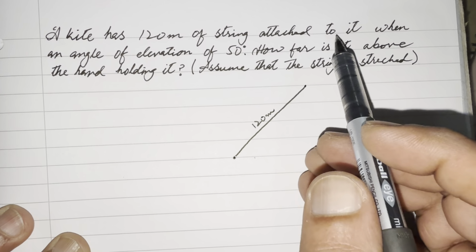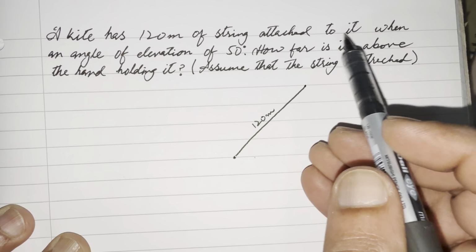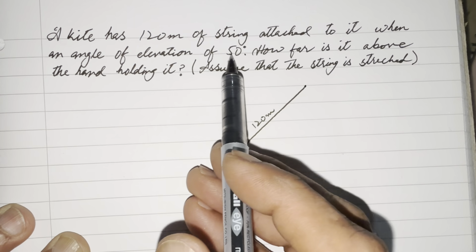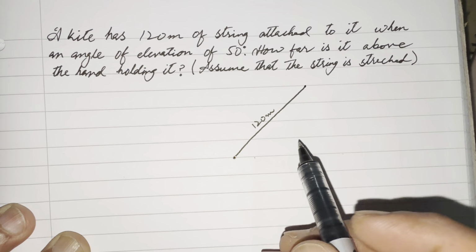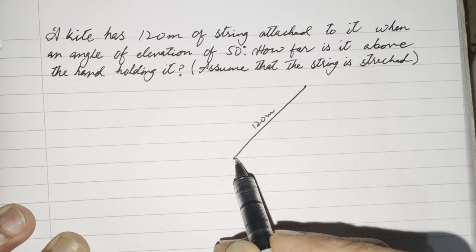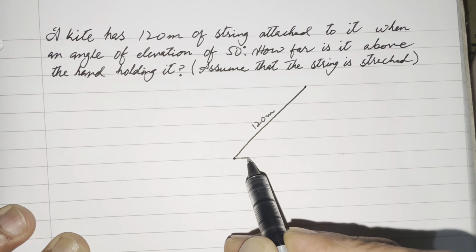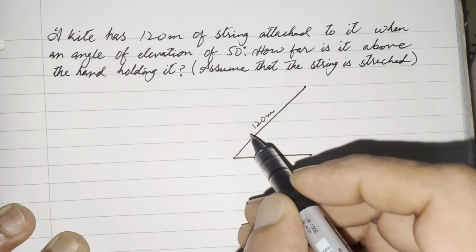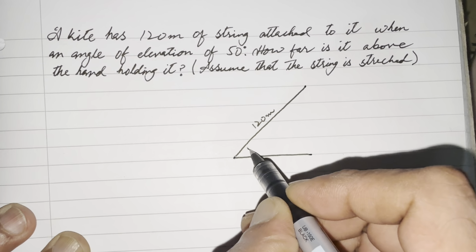And after that, it is making the angle of elevation of 50 degrees. The angle of elevation is made at the ground level, so we can say that this is the angle of elevation which is 50 degrees.